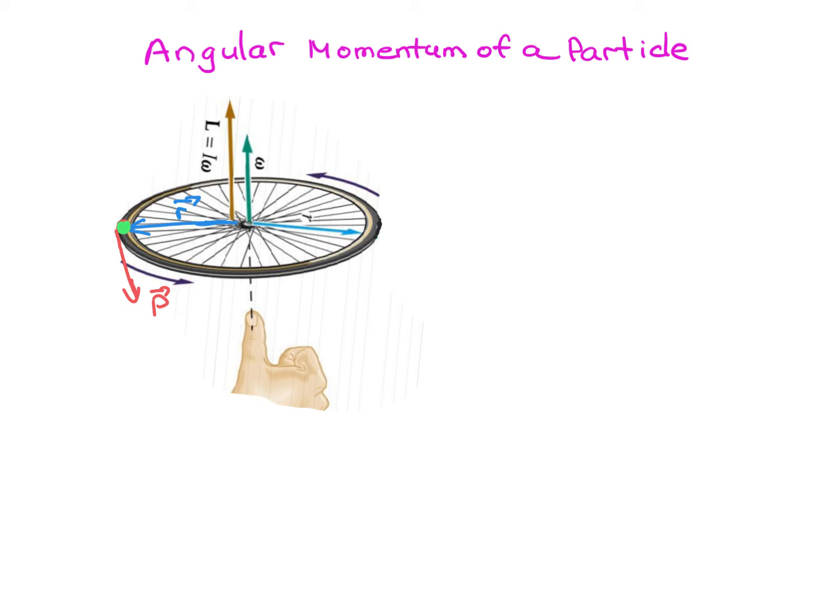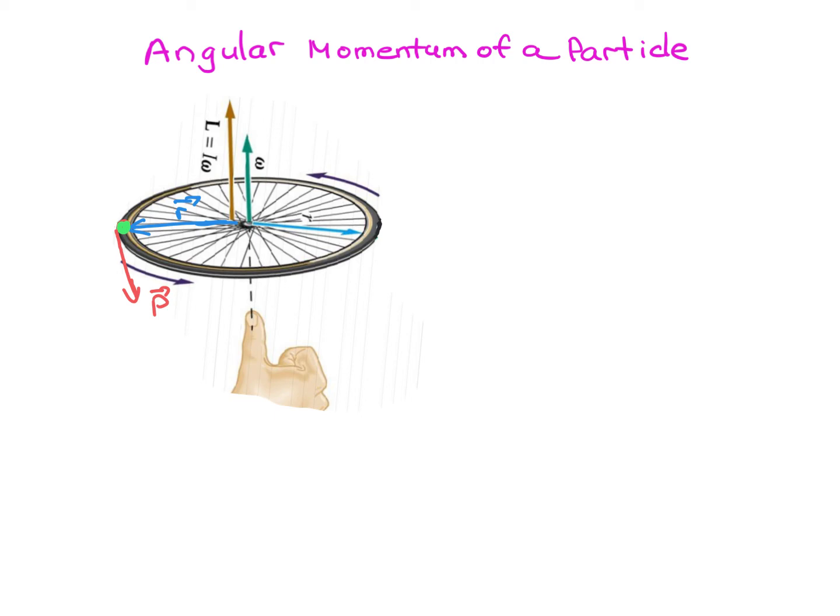At the instant in time which I'm showing, the little green dot has a position vector r. We're going to choose as the origin of our coordinate system the center of the bike wheel. And this blue arrow represents the position of our little particle at the particular time shown. And at this instant, the linear momentum of that green dot will be in the direction of the red arrow.